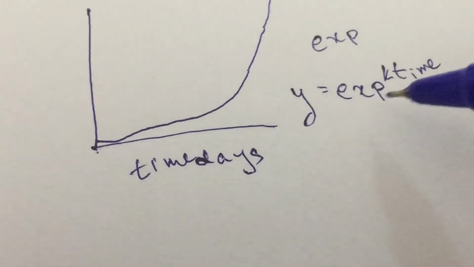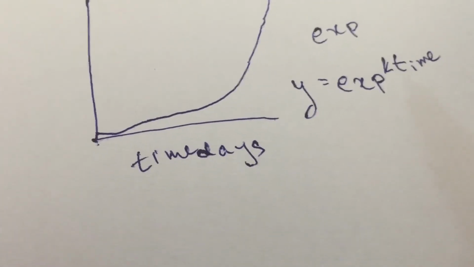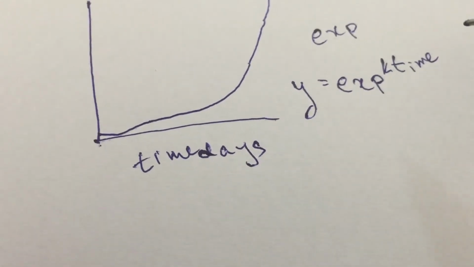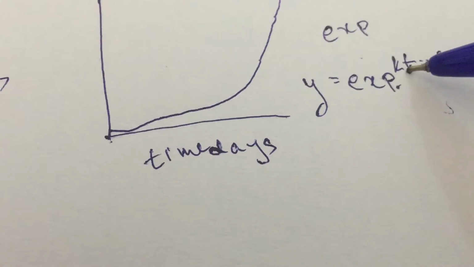Okay, so time here is in days for our convenience sake, and that is what this graph is representing, and we're trying to find this k here.